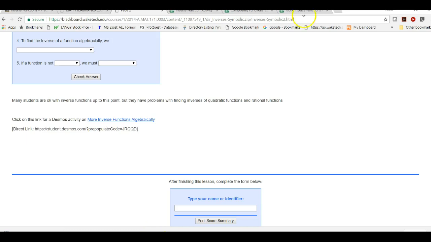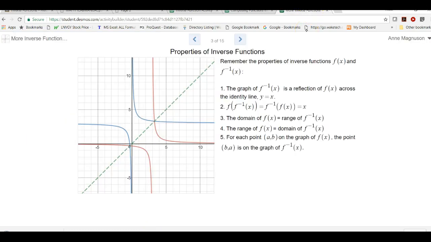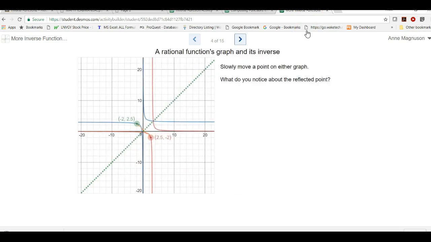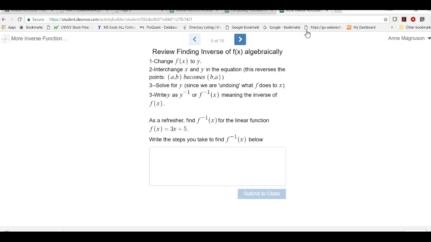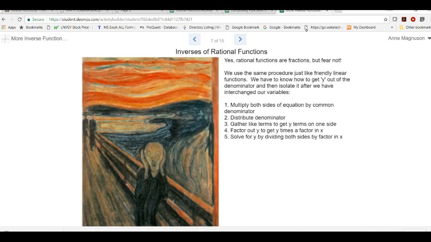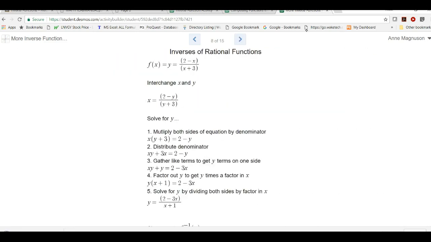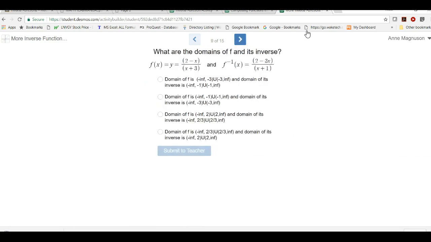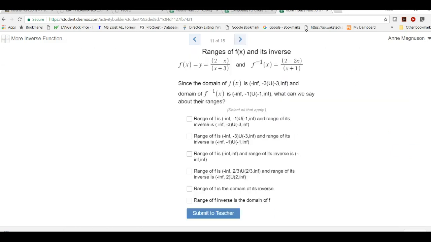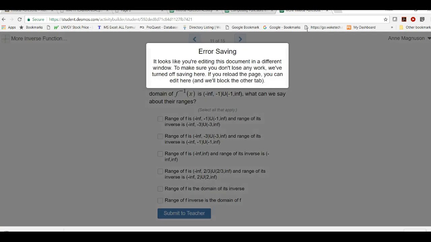The last Desmos lesson in our interactive lesson does talk about how you find the inverses of these more complicated functions algebraically. So make sure you go through that Desmos lesson to look at finding more complicated inverse functions algebraically.